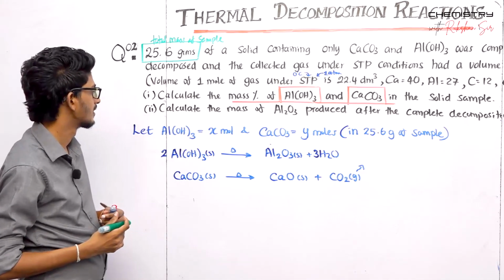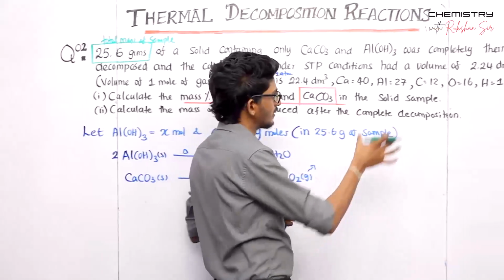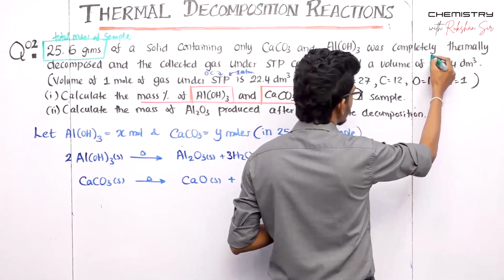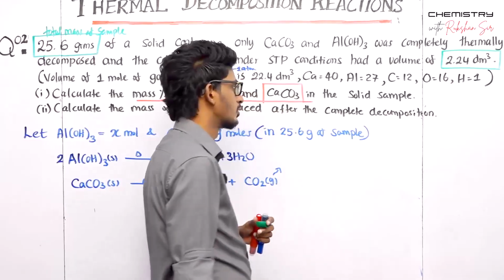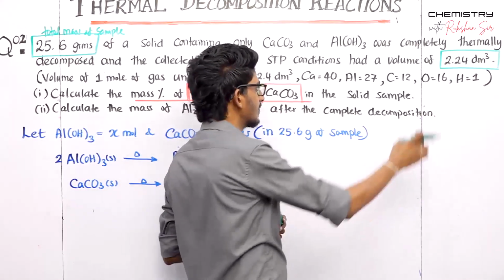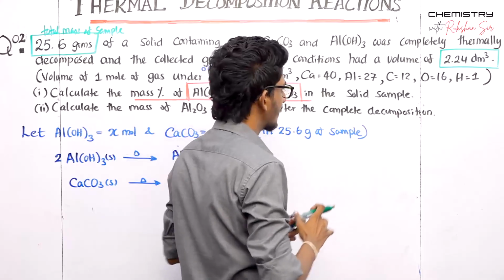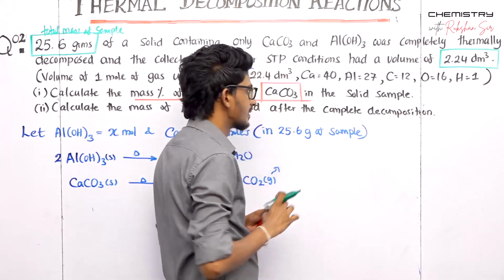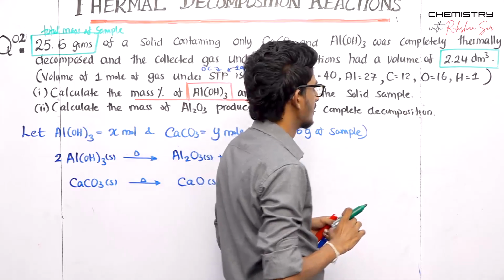The second data point, what is the second data point? They have given us some volume here, the volume of the gas collected at STP, 2.24 decimeter cubes. This is the second numerical value, which we know completely about the chemical appearing with it.